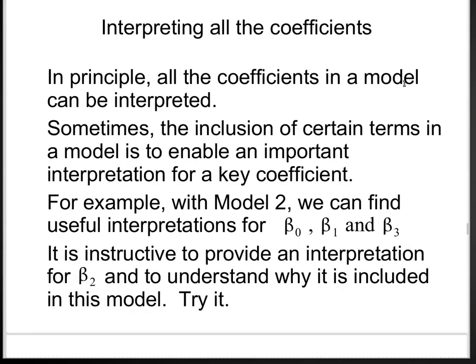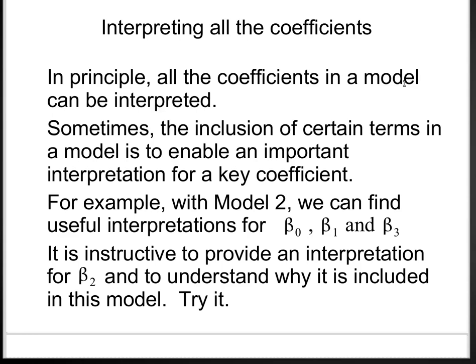And now I've just mentioned here that with every model you construct, you need to interpret the coefficients. As soon as you exclude or remove a term, you get different things. As soon as you add a term to a model, you get different interpretations.